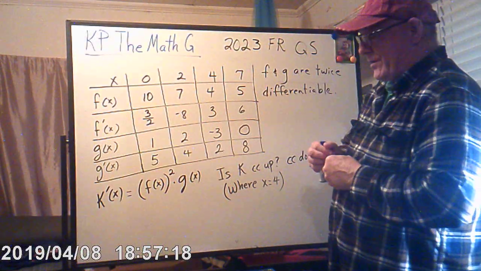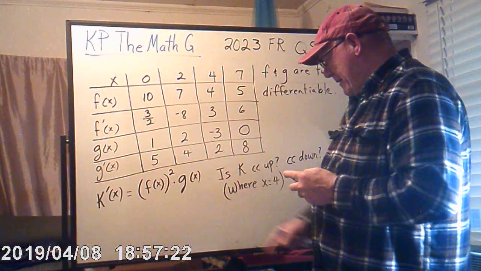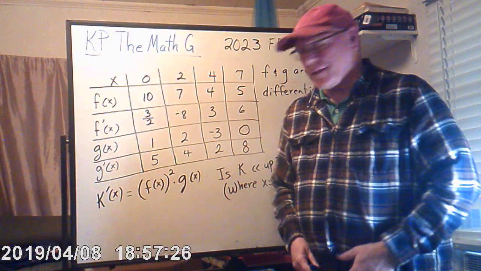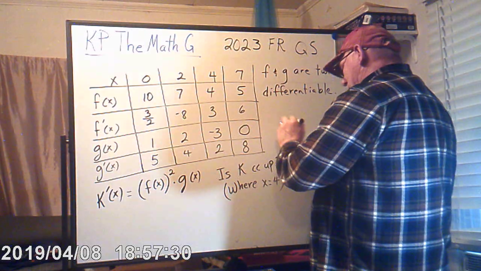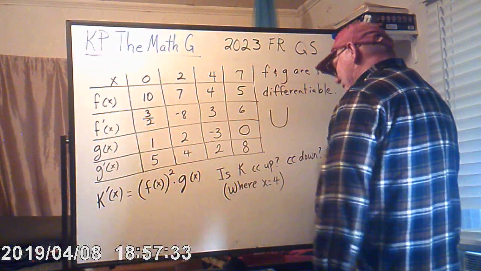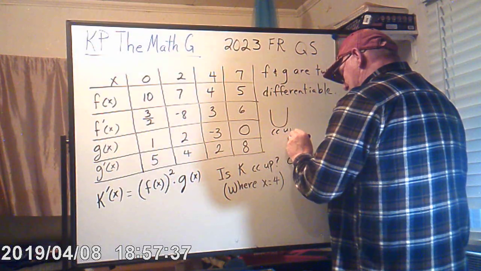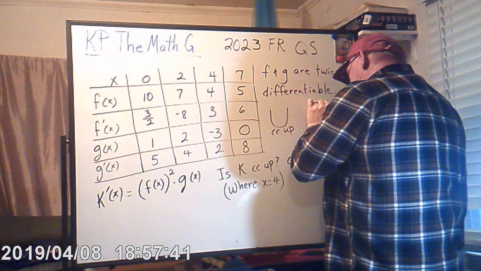Well, we have the first derivative. It's this, isn't it? Now they're asking us the question, is K concave up, that is, is the graph concave up, or is it concave down?